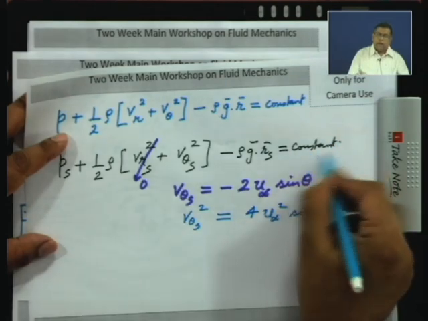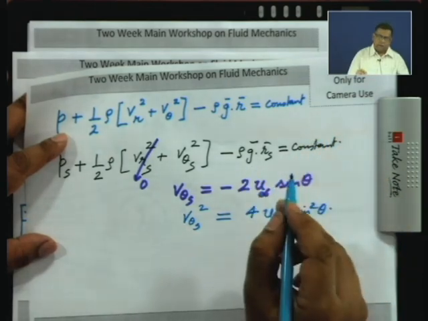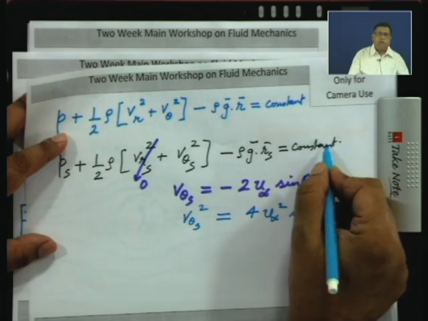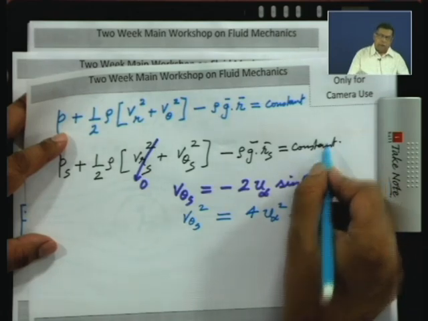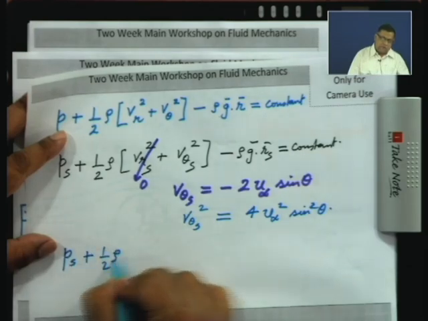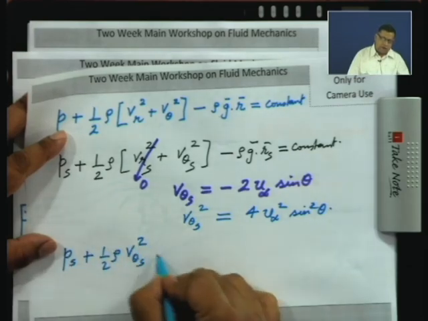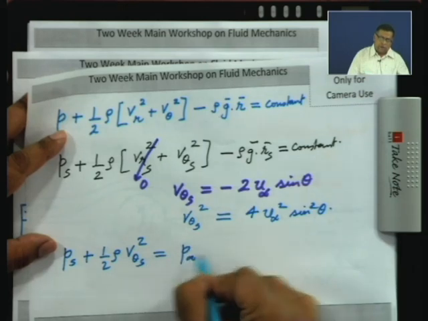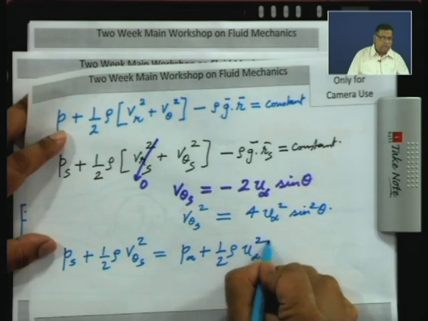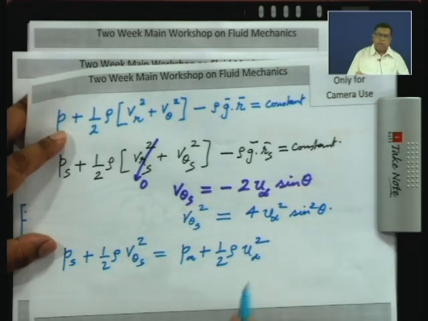Now, this constant can be evaluated from the upstream conditions. So, you can say that upstream the velocity magnitude is u infinity. So, you can say that P s plus half rho V theta s squared is equal to P infinity plus half rho u infinity squared. Now, if you want to account for the body force, you can interpret this as the piezometric pressure capital P infinity, and this as a capital P on the surface of the cylinder.